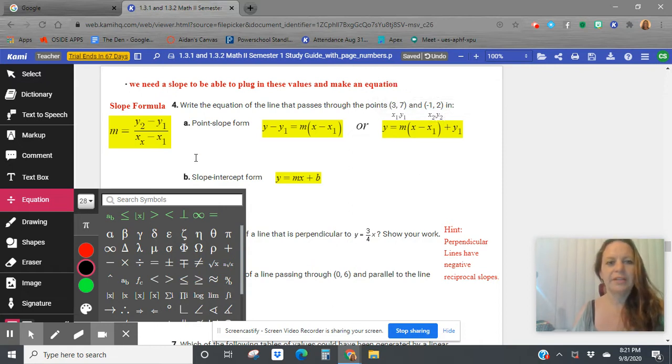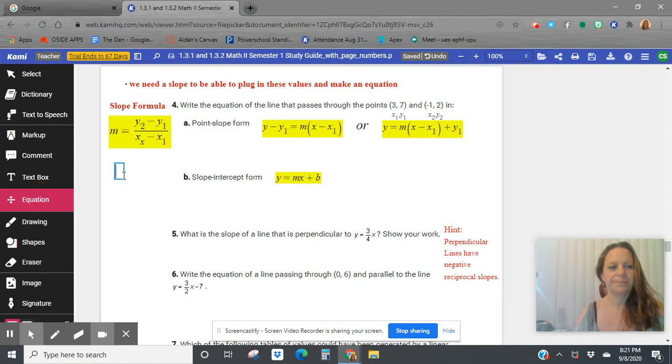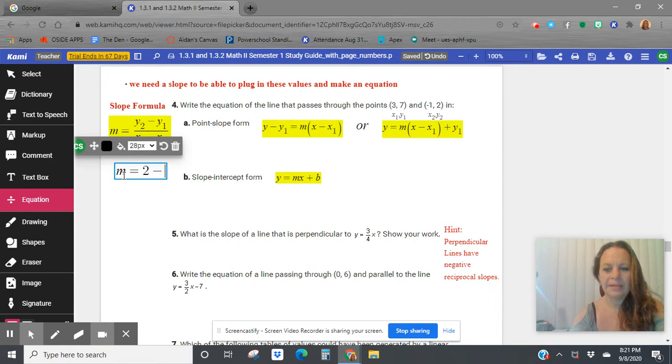So here I go, plug into this equation over here. So m equals y minus y over x minus x.